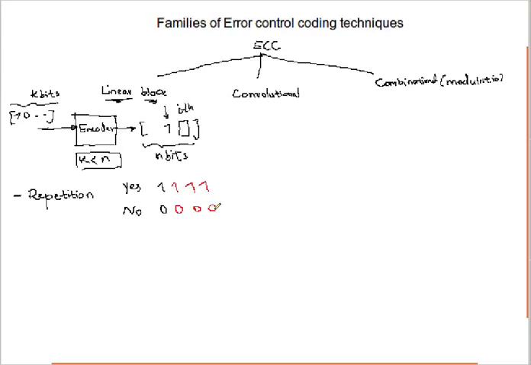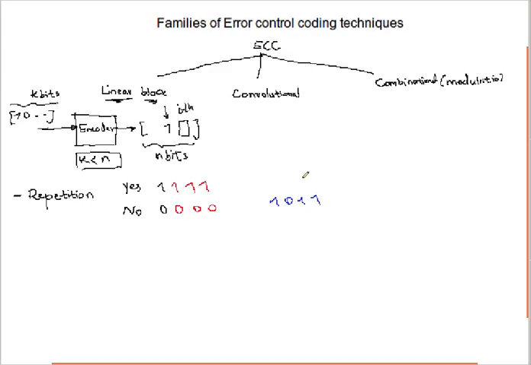So I will have this stream, which is the real stream that I'm going to send through the channel. Imagine that you obtain 1011 at the receiver.